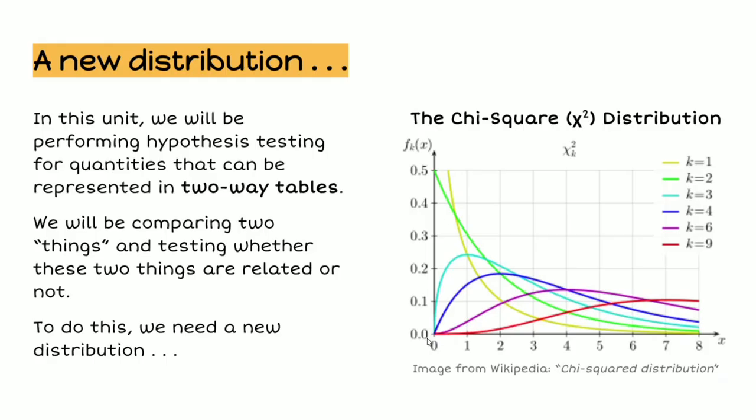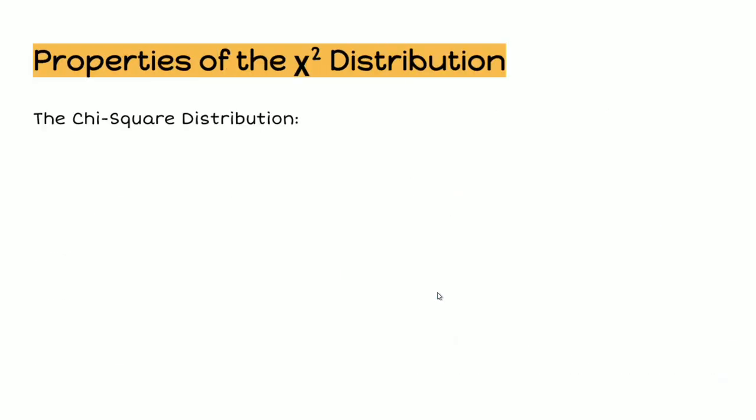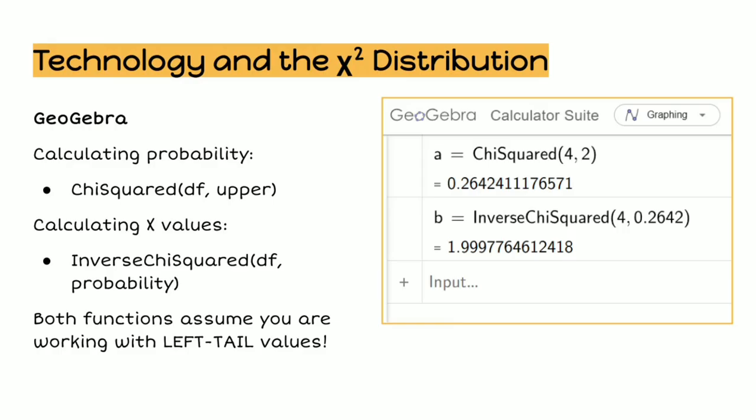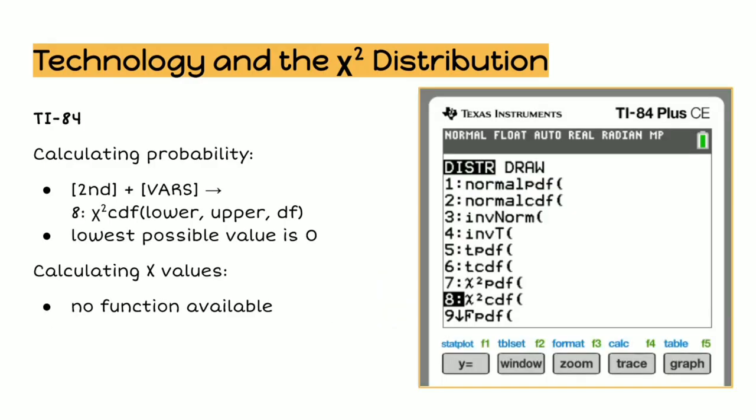So this should never have a lower bound less than 0. So if we're finding a p-value by finding the area in a tail, that lower bound should never be negative. The smallest possible value is 0.